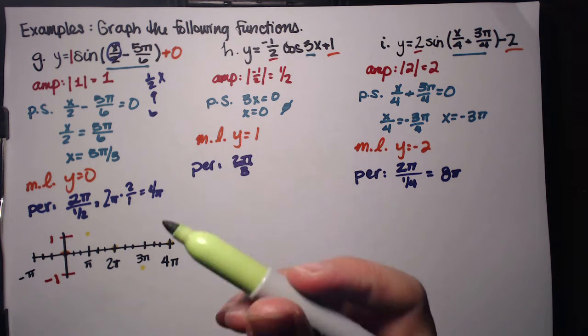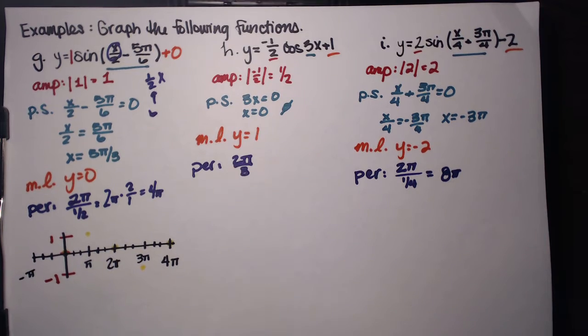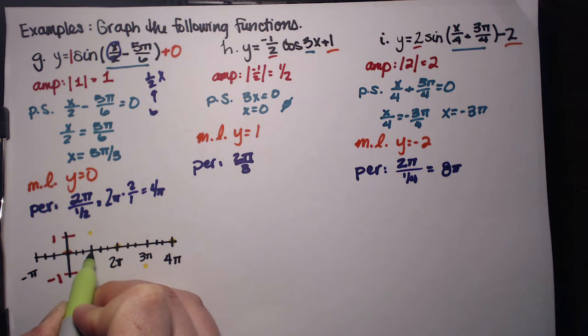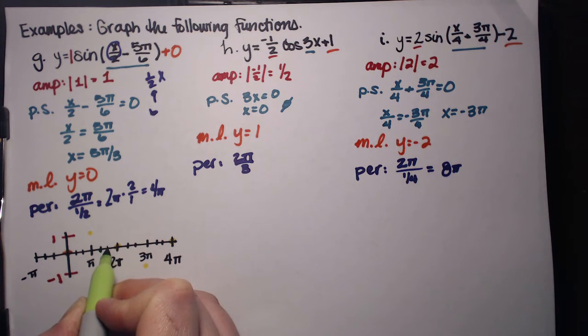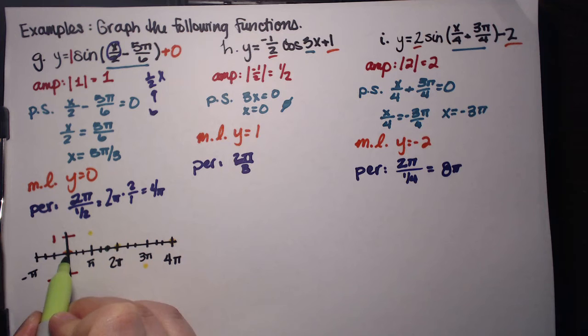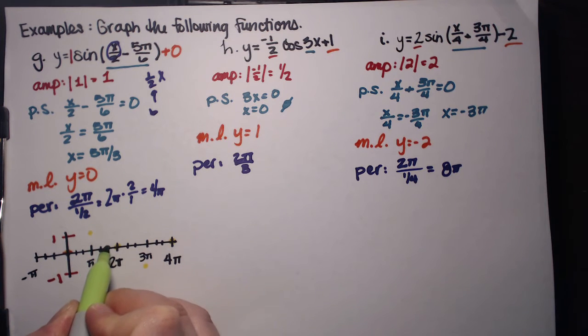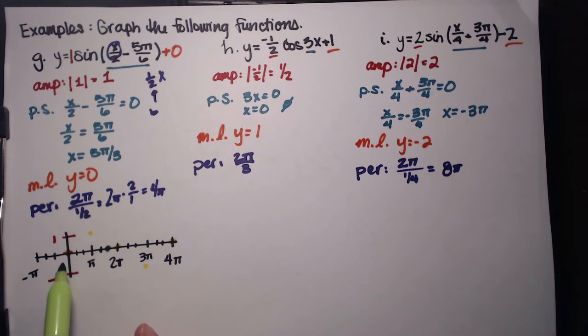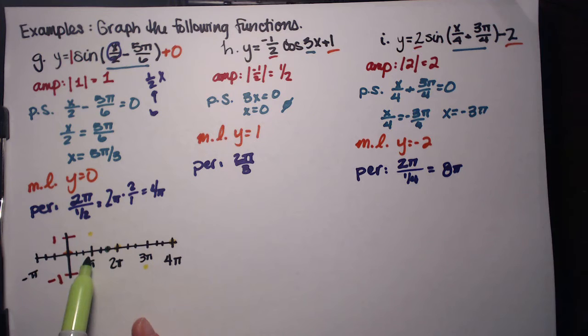With this one though, we are shifting to the right 5 pi thirds. So I have to move 5 pi thirds. 1, 2, 3 pi thirds, 4, 5 pi thirds. So this dot gets moved to the right 5. Now, I can notice the step from here. I'm going a distance of pi, which with the current marks, it's 3 lines.